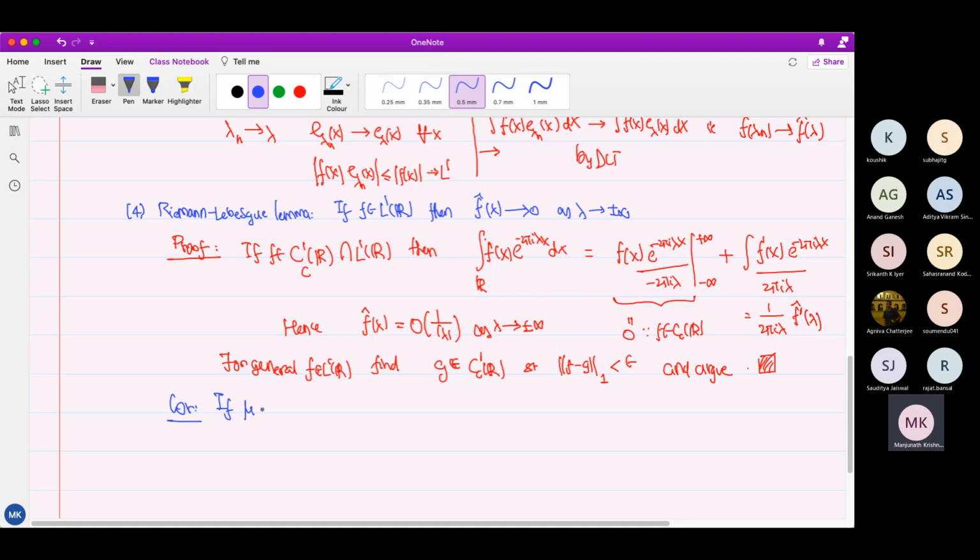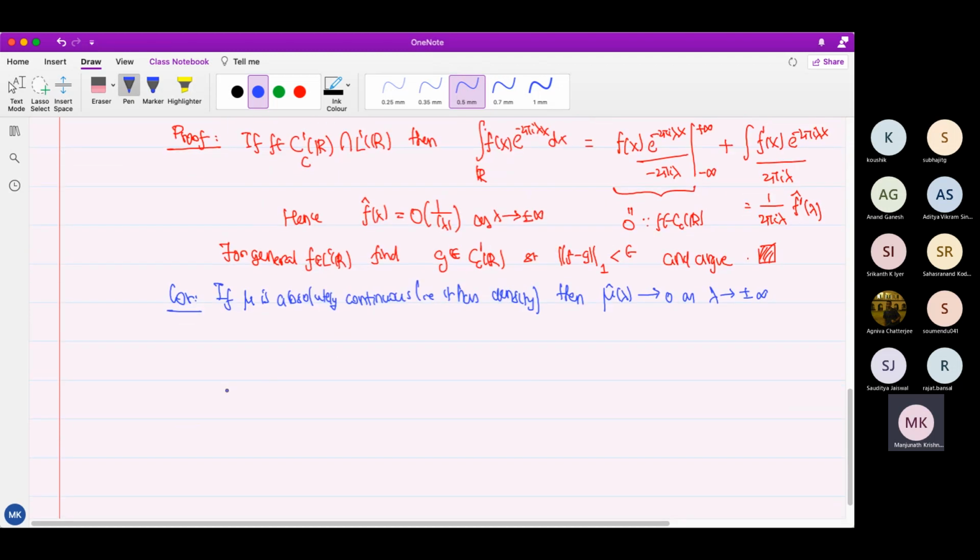If mu is absolutely continuous with respect to Lebesgue measure, that is, it has a density, then mu hat of lambda must vanish as lambda goes to plus minus infinity. Okay, so that is necessary.